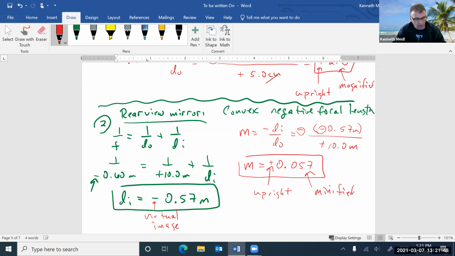Okay, so objects in the mirror are closer than they appear because this mirror, because of its shape, makes things smaller, and your brain thinks things that are small are far away, and it's not upside down, so it's upright. And so I think if we go and check with our ray diagrams, any picture with the convex mirror gave us a virtual image, and it was always upright and it was always small.